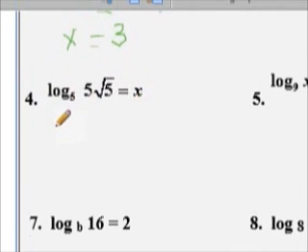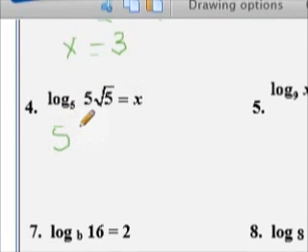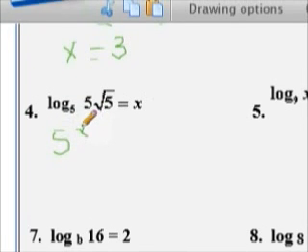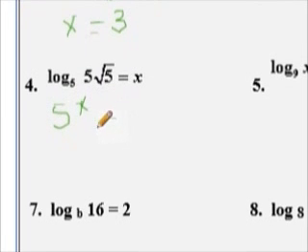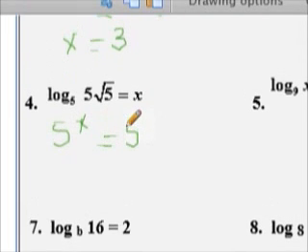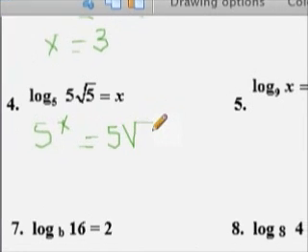So the question is, to what power do I need to raise the base, which is 5, in order to get 5 square root of 5, right?